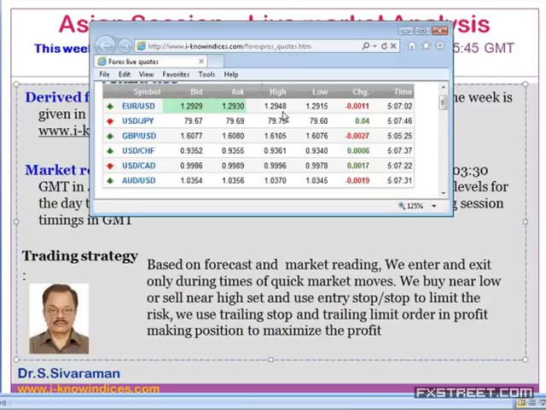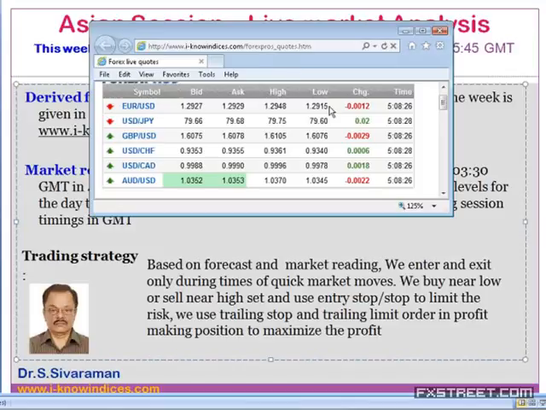In our basic trading strategy, we use a hedging order of 30 pips as soon as the position is taken, and when the position is making a loss, we keep the hedging order. When the position starts making a profit of 15 pips or 20 pips and above, then we keep the stop at entry and try to maximize the profit using a trailing stop.